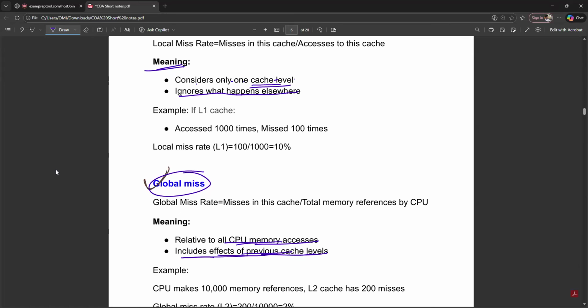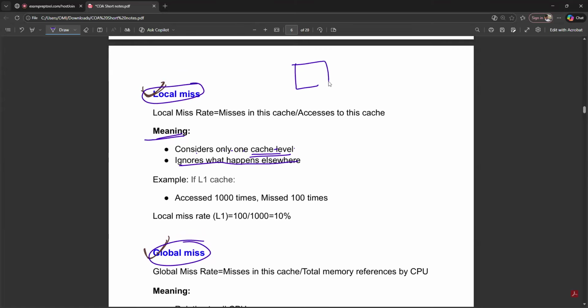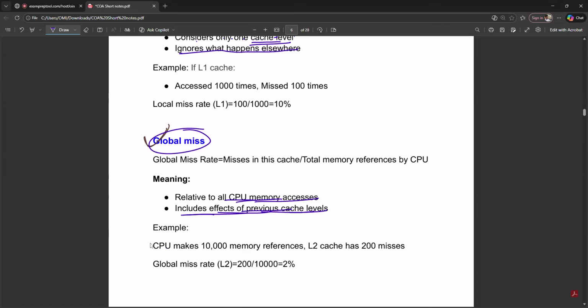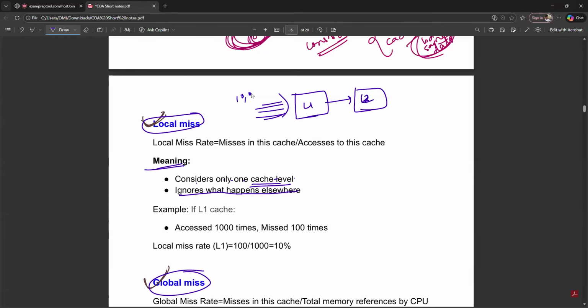So let's say you have levels of cache. This is the L1 cache, this is the L2 cache. Now let's say the CPU makes 10,000 memory references.